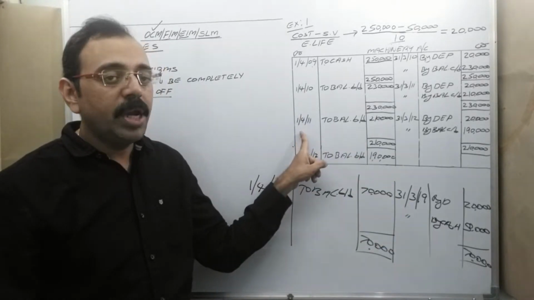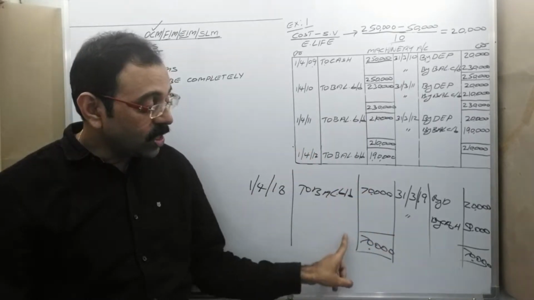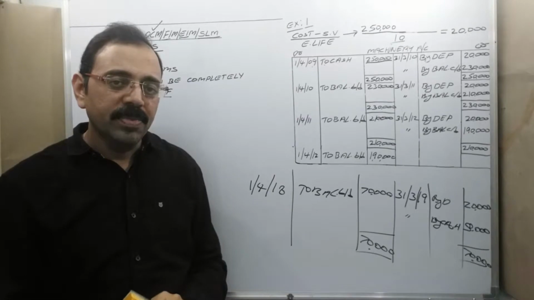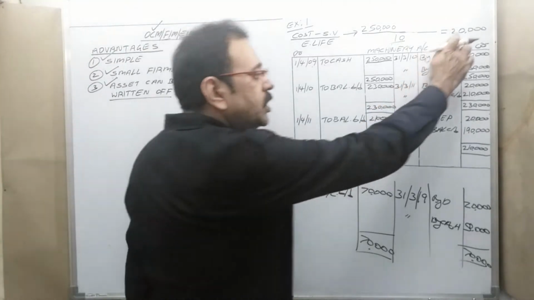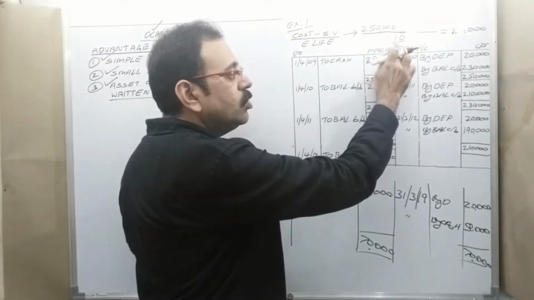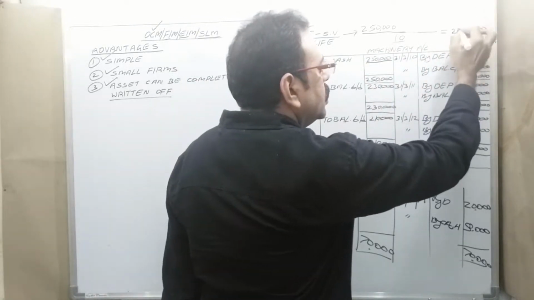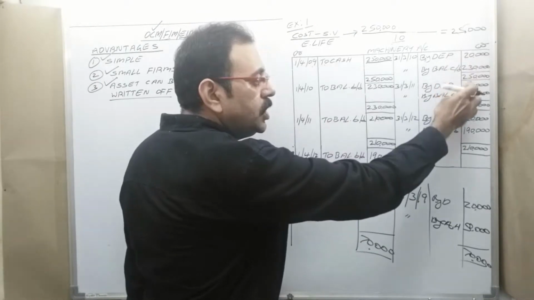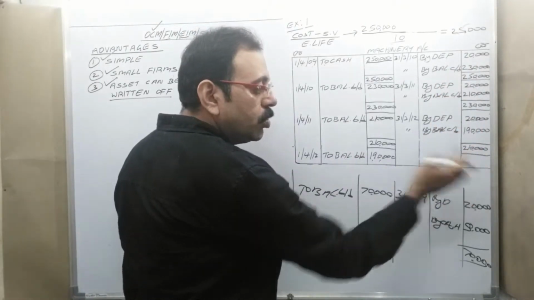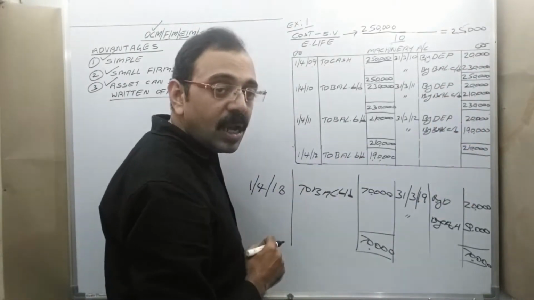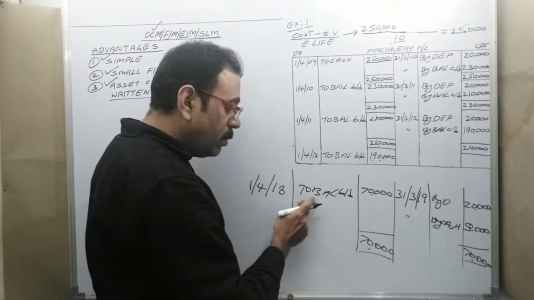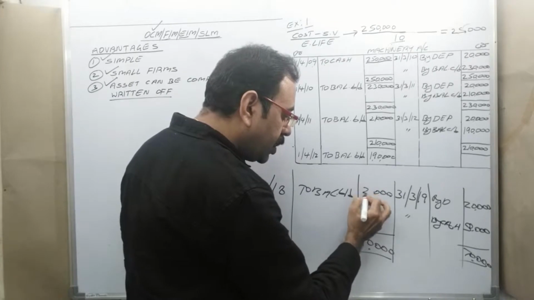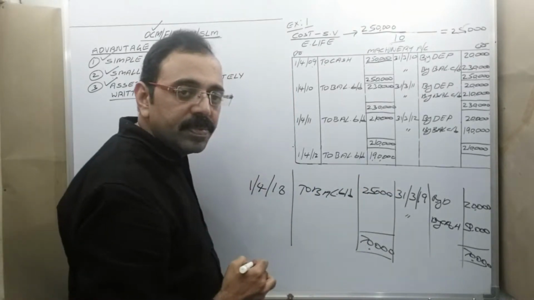In the fixed installment method, we can exactly close the account in this manner. Assume that scrap value is not there in this problem. Then how much is the annual depreciation? 2,50,000 divided by 10, 25,000 rupees, no? Every year the depreciation amount is 25,000 rupees, so what happens in the last year? Last year balance brought down becomes 25,000 rupees.